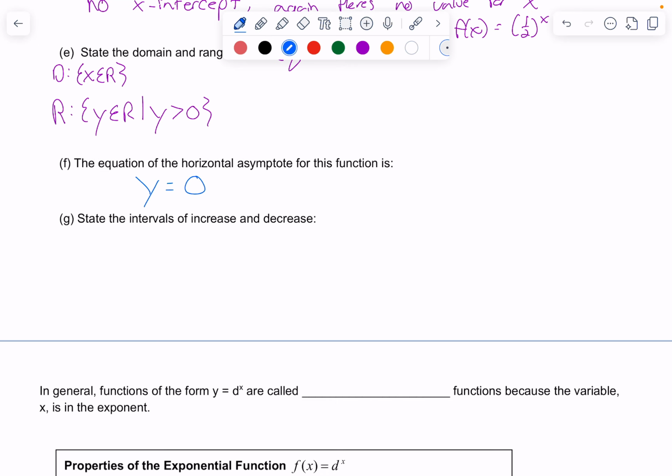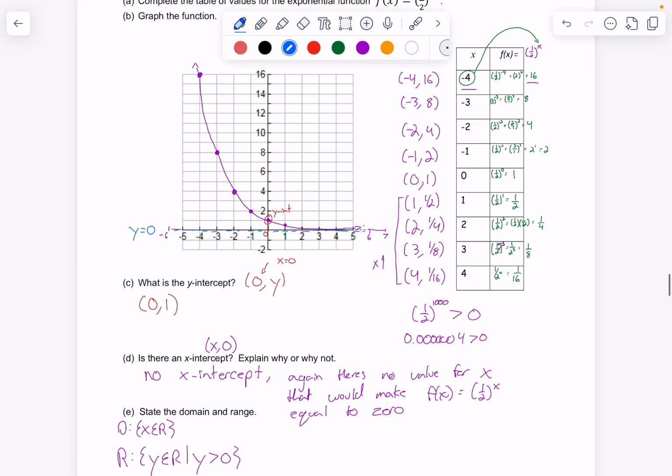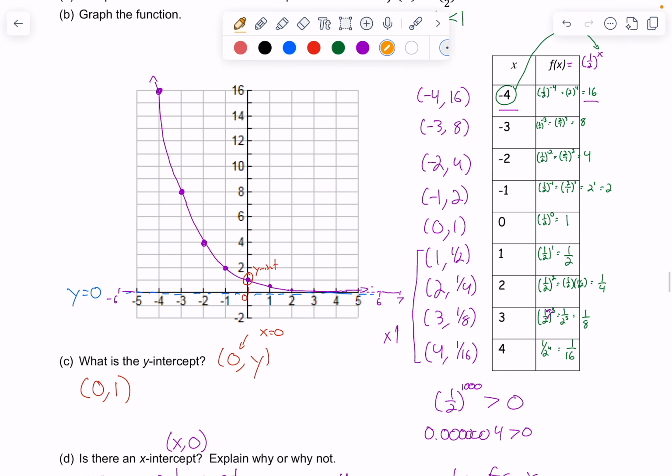State the intervals of increase and decrease. Well, let's look. When I read left to right, if I start at this point right here and go to my next point over, which would be right down here, I had to go down. Same thing here. If I went over, I had to go down. So that pattern is consistent across the entire graph.